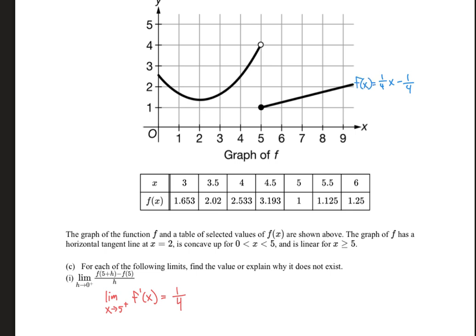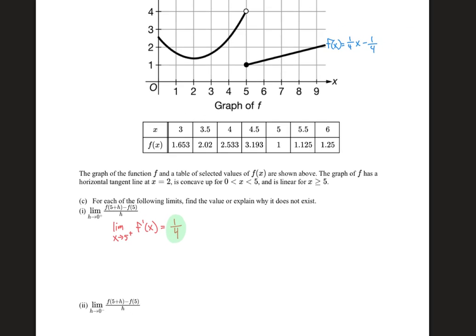Then you can use this function as f of x, plug in 5 plus h for x, plug in 5 for x, and then evaluate that limit. But I think this is the easiest way, is just think of slopes. Derivative is slope, and this is the slope from the right, and the slope from the right is this piece, which is always 1/4.